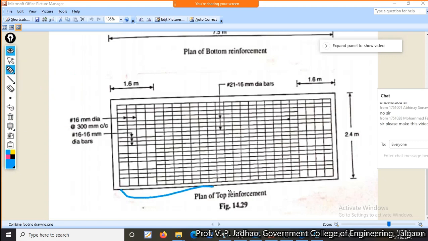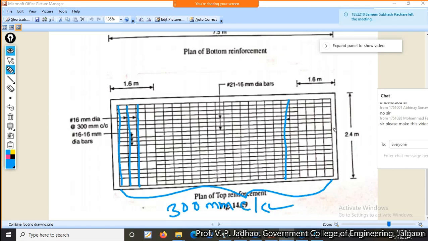Therefore throughout the length, these transverse reinforcement bars will be at 300 mm center to center. There is no need to do calculation for this. So with this, the design is completed.